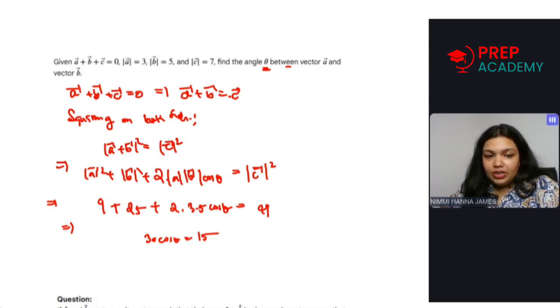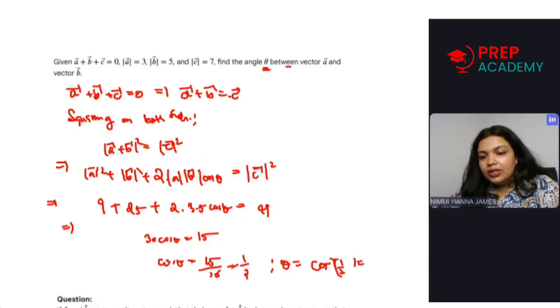Now cos theta is equal to 15 by 30, that is 1 by 2. So theta is equal to cos inverse 1 by 2, which is pi by 3. Okay, pi by 3. So that is what we wanted to find.